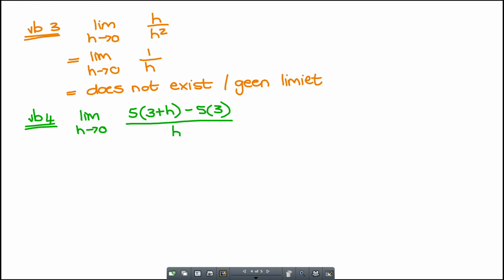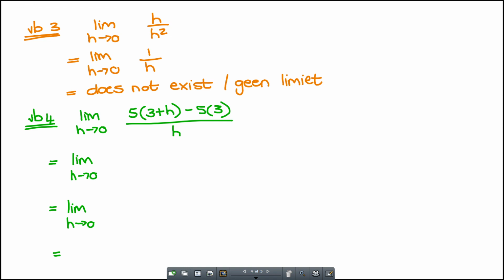The 3 comes to the other. So is it h over h? When it's h over h, can you substitute the zeros? Because it's h over h, and then you substitute the zeros, and it's 0 over 0.